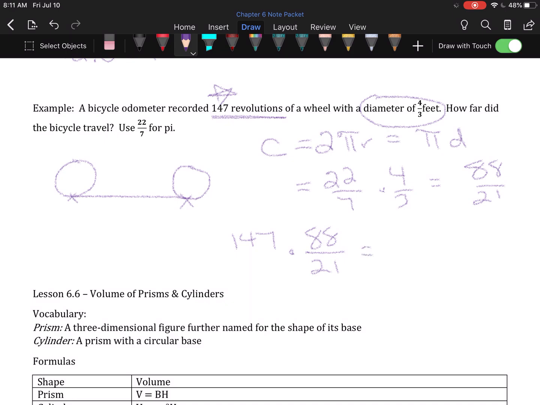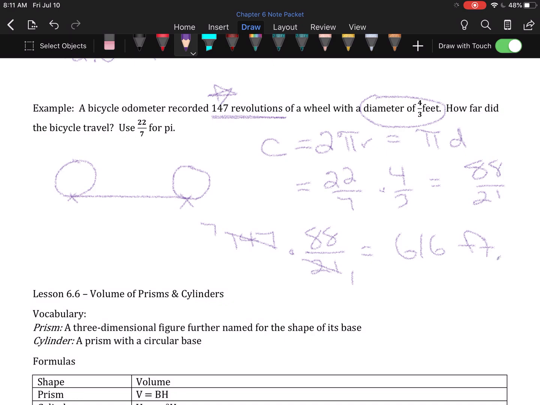Now, it just so happens that 147 and 21 simplify. 7 21s go into 147. That's perfect. So in the grand scheme of things, we're doing 7 times 88 to get our answer. And the answer is 616 feet. Unit of measurement off of the diameter is feet.